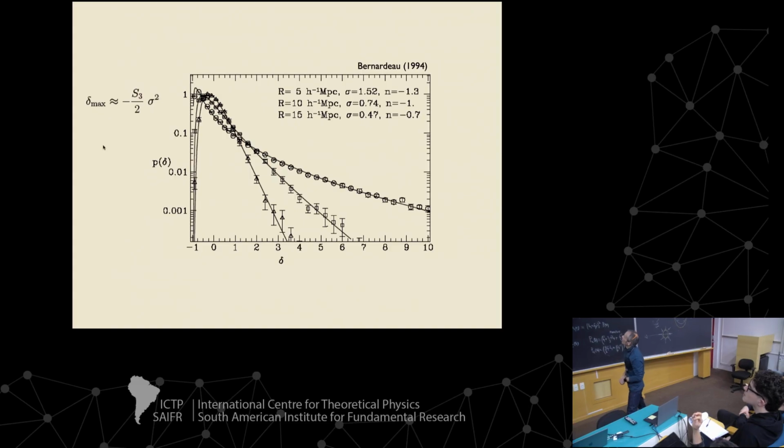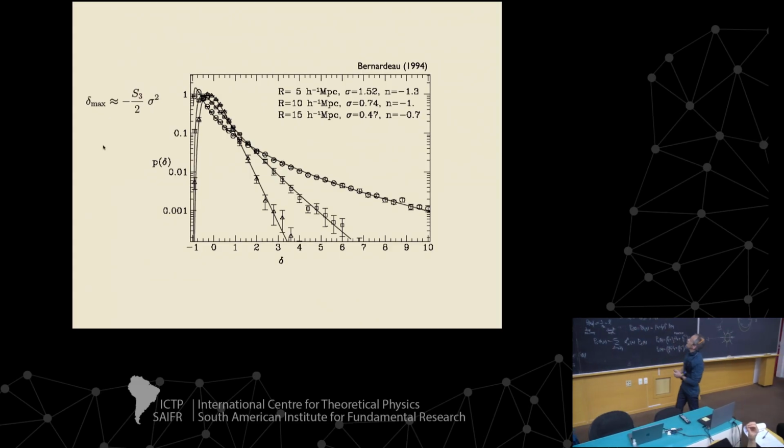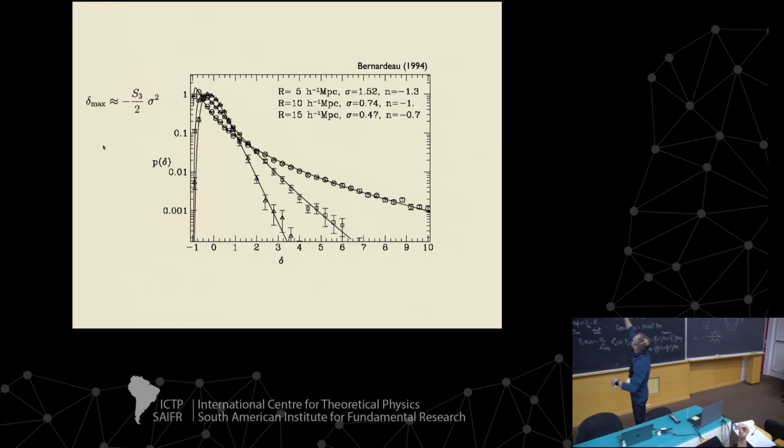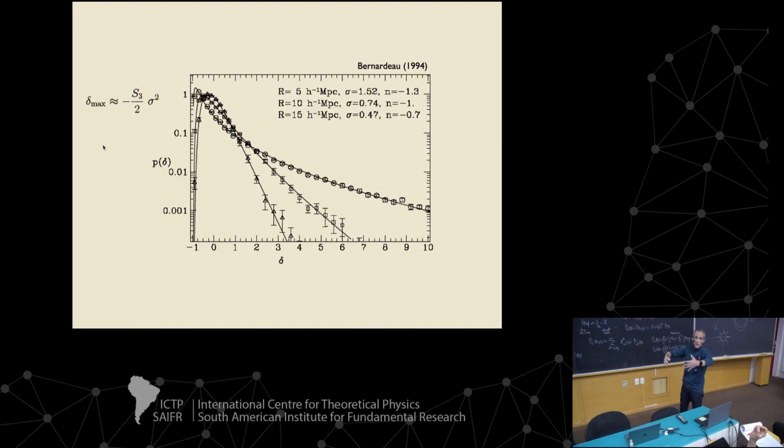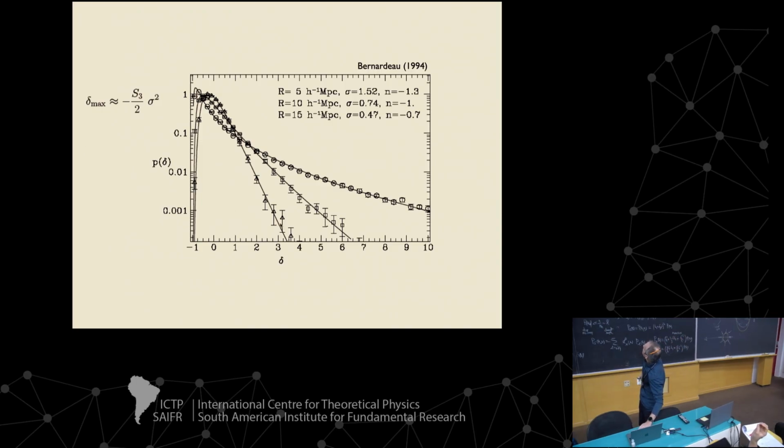Doesn't matter. Okay, so this is this calculation of the probability distribution function, and you can see this is at some particular time, and then you smooth the field with different radii, so you make it smoother or less smooth. So if you go to large scales, 15 megaparsecs, these triangles here, you can see it looks closer to a Gaussian, but it's still not Gaussian.